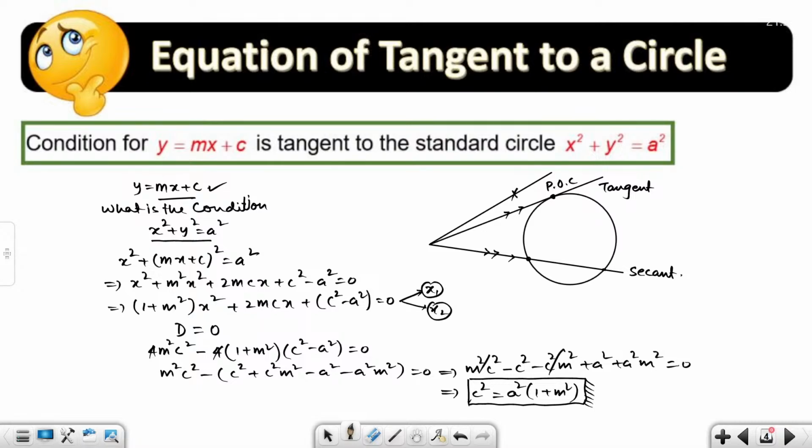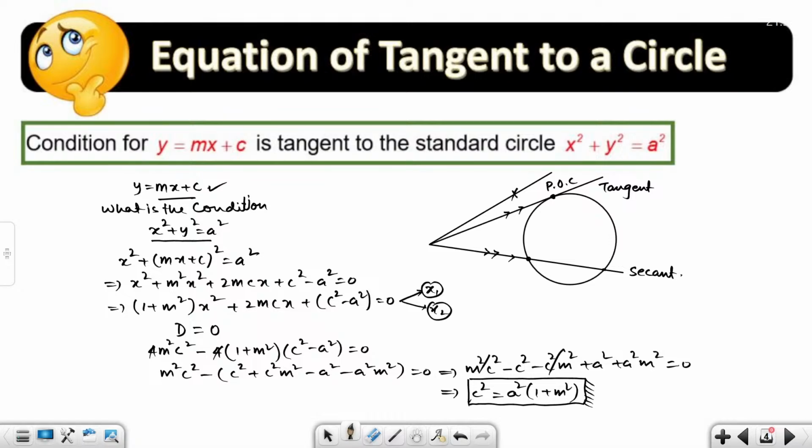What I have done, you will simply assume that y equals to mx plus c will be a tangent to the circle when it is touching the circle at only one point. So for that, while you are solving these two equations, you are going to have both the roots equal.